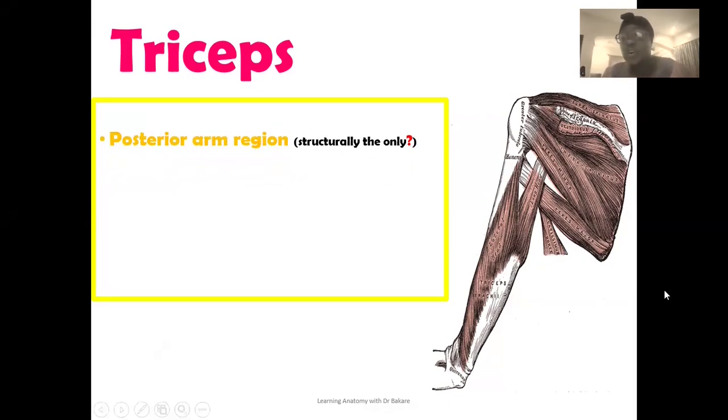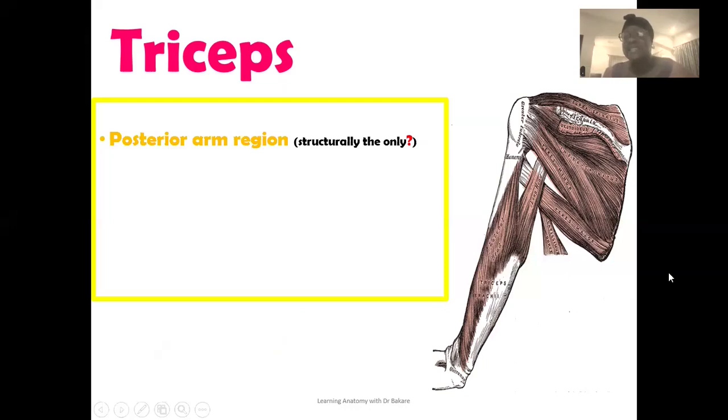We know that the anconeus, even though it is located around the posterior region of the arm, is seen to be located around the region of the elbow joint. And this is why some texts may not include it as part of the muscles that are seen in the posterior region of the arm. So structurally, the muscle that is seen at the posterior region of the arm is the triceps brachii muscle. And this is because this muscle is taking the chunk of this space.